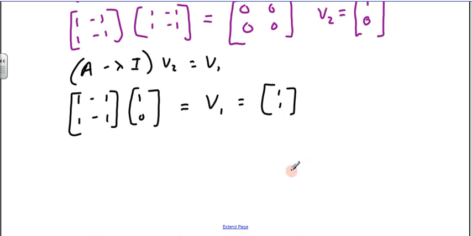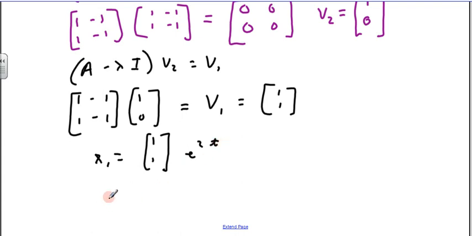Okay, so now I have my two vectors that I need, and I've got x1, which is going to be v1, 1, 1, e to the 2t.